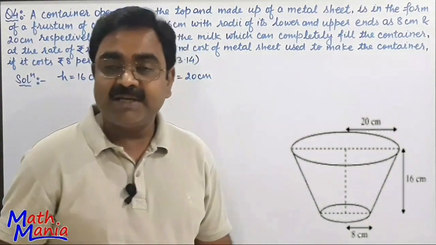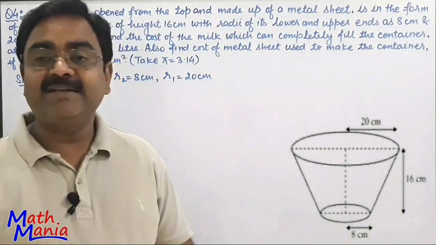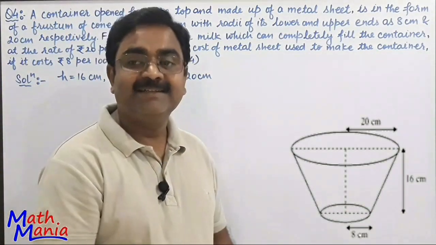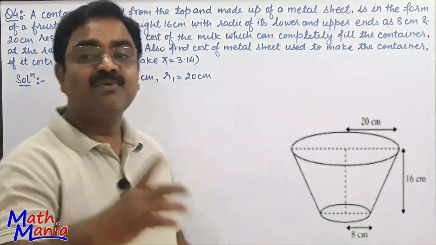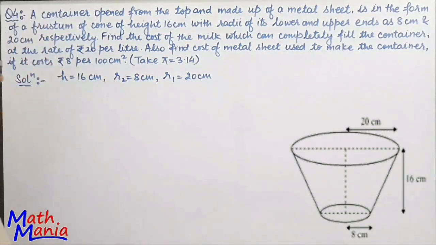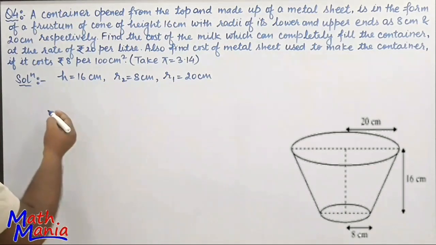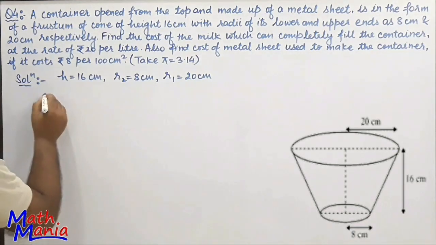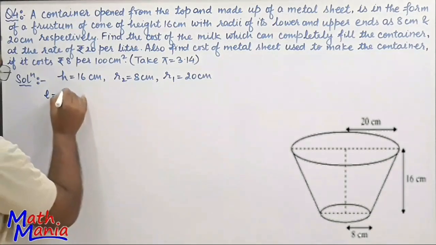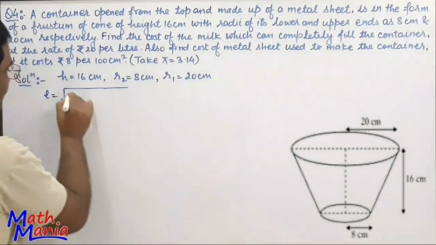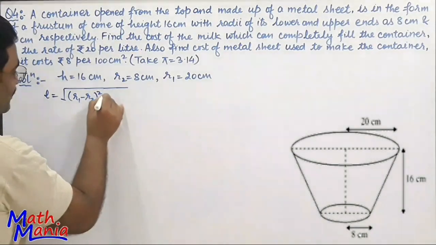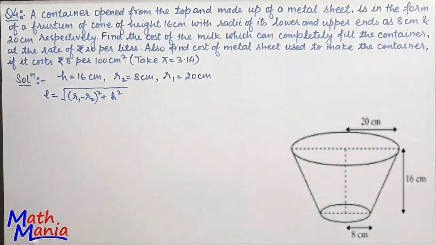Now the question arises, to find the area of metal sheet we will need the slant height. So to find out the slant height, there is one more formula we need here. Let's find out the slant height by the formula L is equal to under root (R1 minus R2) whole square plus H square.